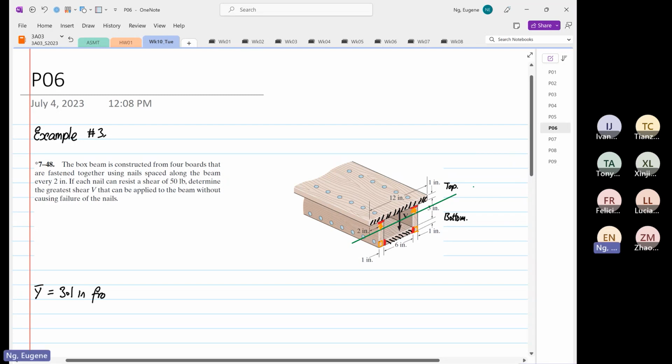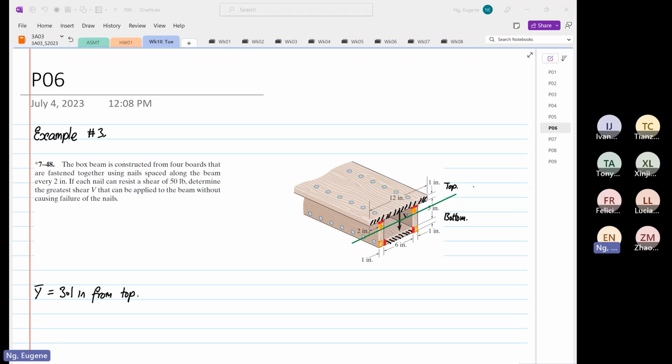I can be wrong, okay? I don't know whether they do from top or bottom, but I'm going to try from top. More important is to calculate the first moment of area. I want to show you how. So let's look at the top section.